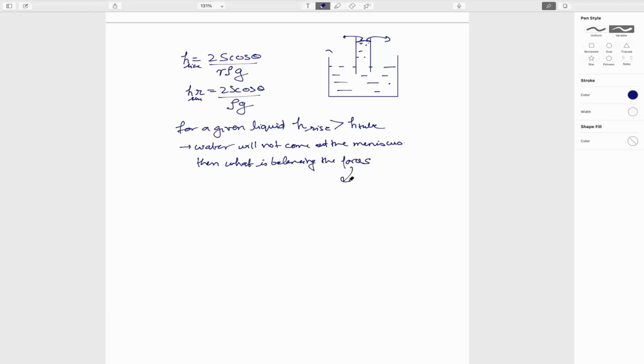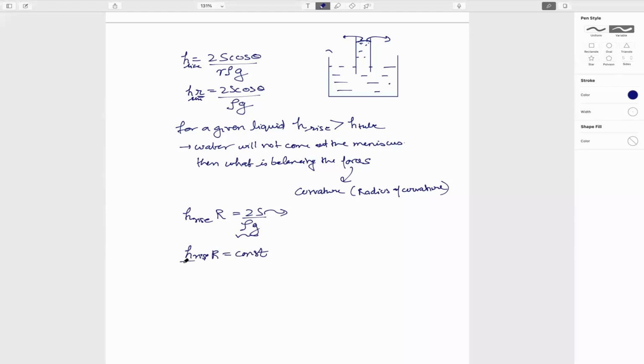The forces are actually balanced by the curvature, or we can call it the radius of curvature. Because for a given liquid, if you put R in terms of radius of curvature, then H rise into R is equal to 2S by rho G. The surface tension of a liquid is fixed, rho and G is fixed for a particular liquid. That means H rise into R is constant.